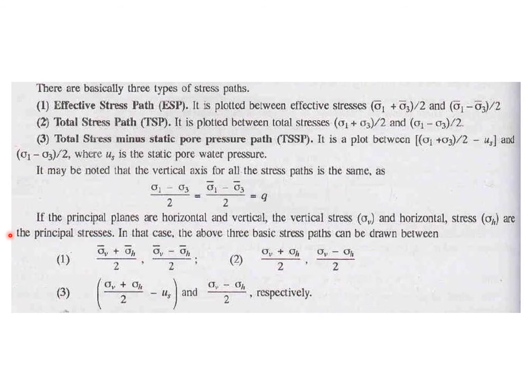In that case, the above three basic stress paths can be drawn between sigma V dash plus sigma H dash over 2 and sigma V dash minus sigma H dash over 2, sigma V plus sigma H over 2 and sigma V minus sigma H over 2, and here sigma V plus sigma H over 2 minus u sub s and sigma V minus sigma H over 2 respectively.